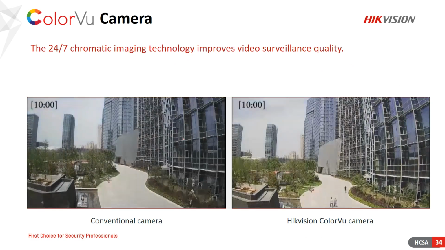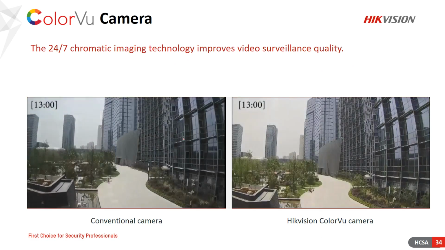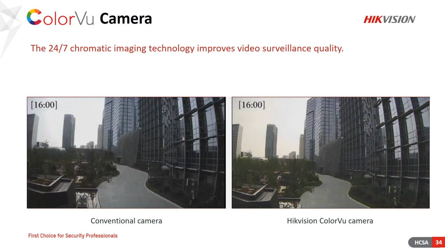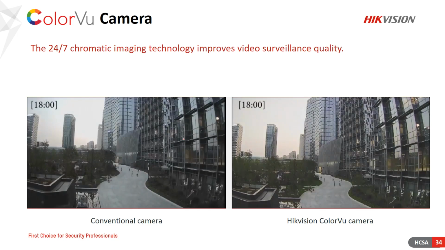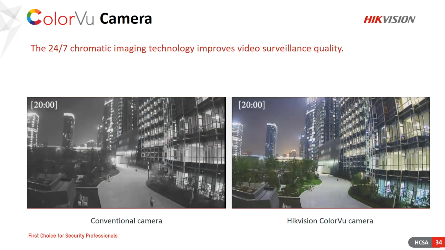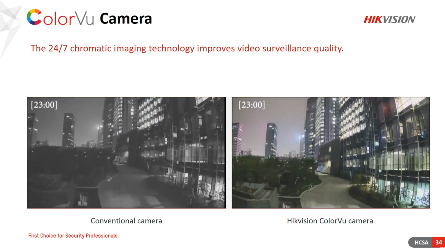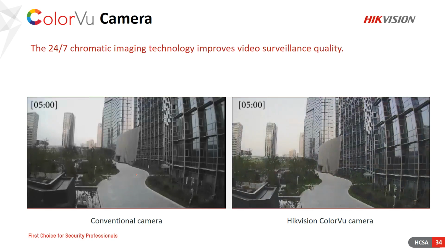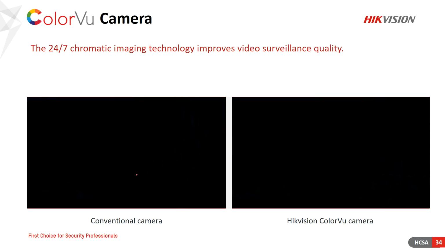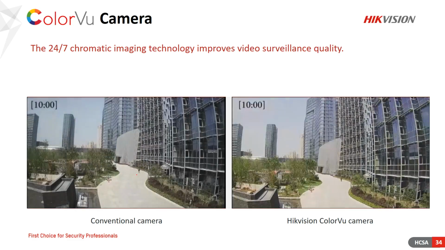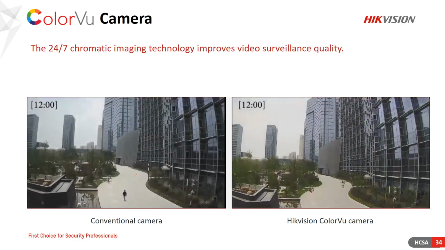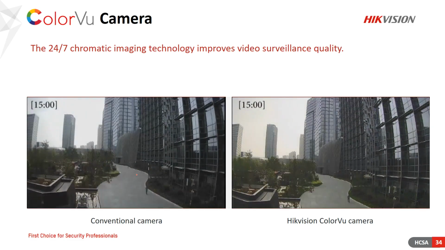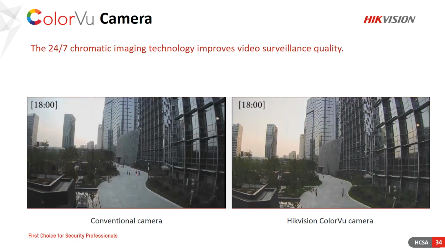This video is going to show you how the ColorVu camera provides you a colorful image 24/7. See, at night the conventional camera is going to turn on the IR, so the image will be black and white, but the ColorVu camera is going to turn on the white light, so the image will always be colorful. This is the main difference.